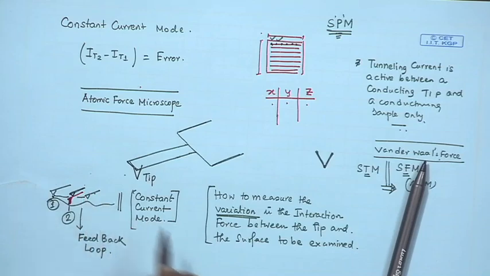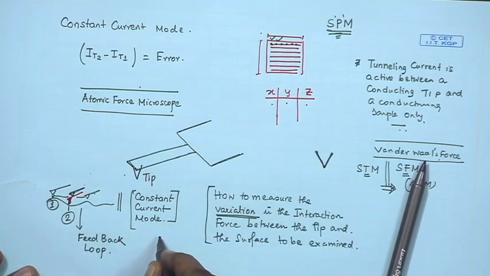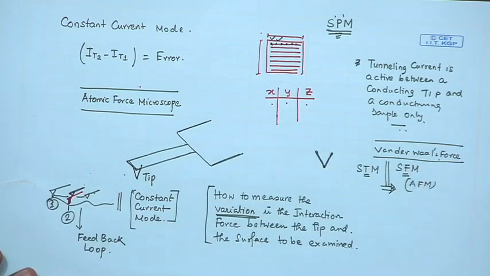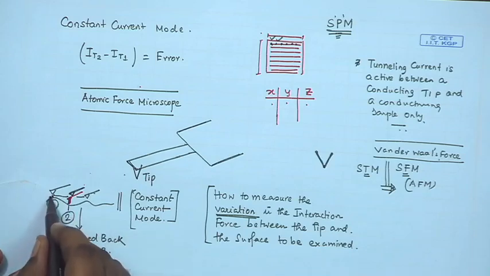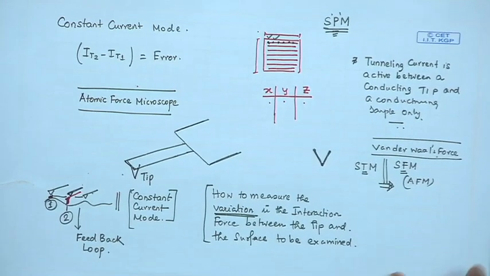This way, as you complete your rastering, you get a complete idea about the variation of the height at every point of the sample with respect to the starting point. So again, you set this to be 0 and you get an idea about all the other points.